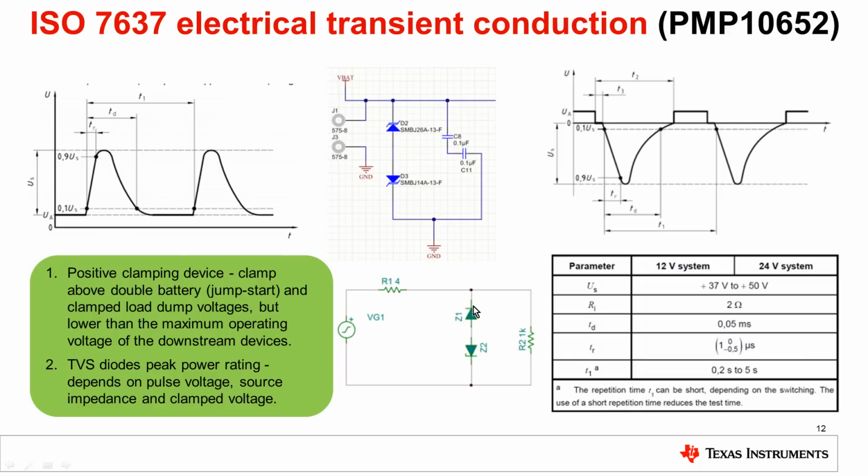So you have this 30 volt clamp. So 50 volt minus 30 volt divided by this impedance of 2 ohm gives you 10 amp of current. Now when you multiply that 10 amp with the 30 volt clamp voltage here, you get around 300 watt of dissipation.